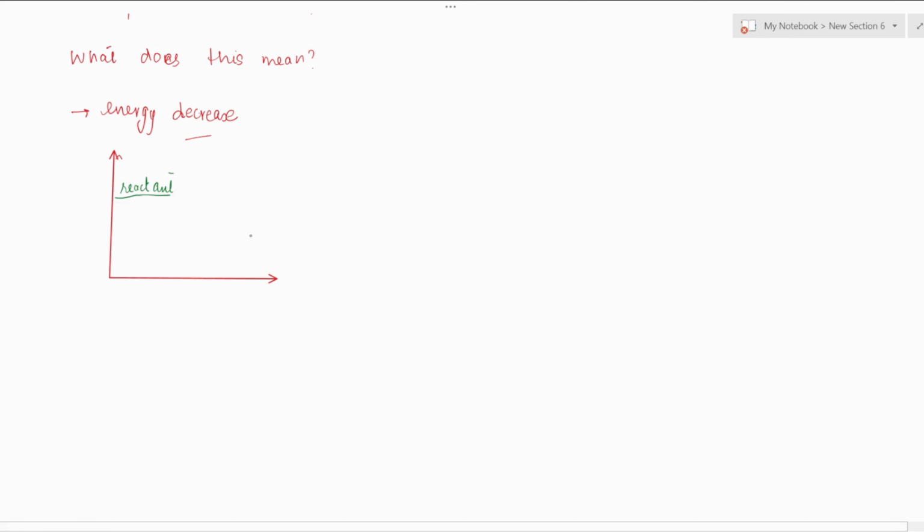But that energy is given out in the atmosphere. So the products would have lesser energy. So in exothermic reactions, the energy of reactant is more as compared to the product. Shall I say it again? As the energy is given out into the surrounding, the energy of reactants decreases. This is the general thing that we say about this reaction.